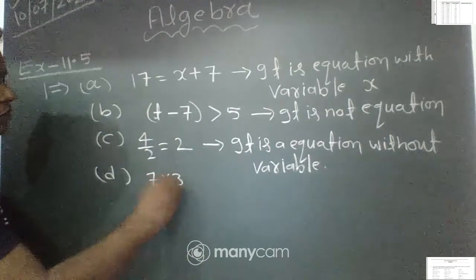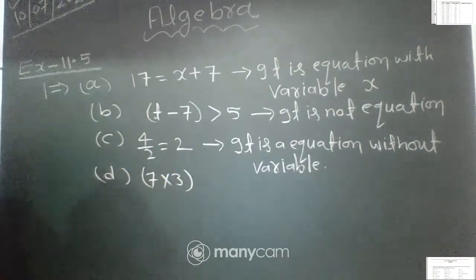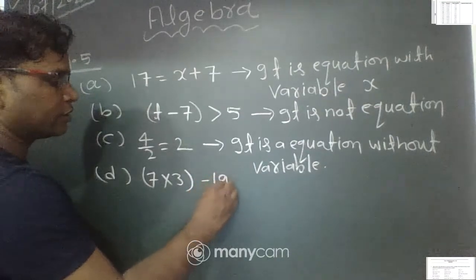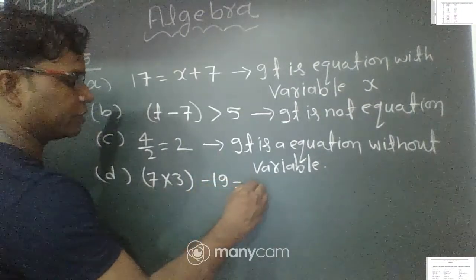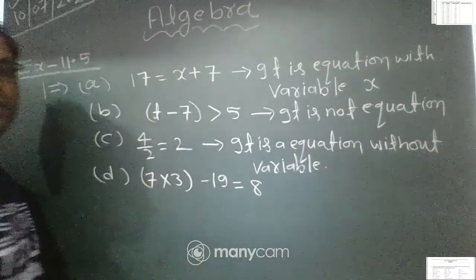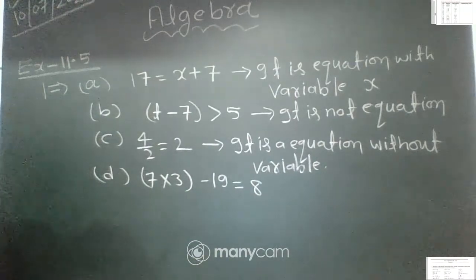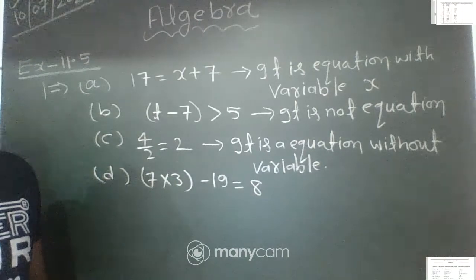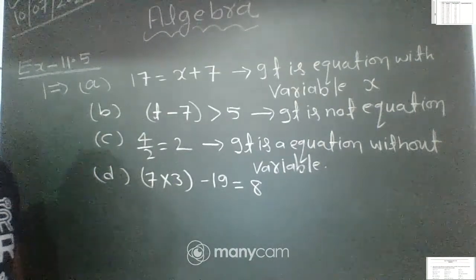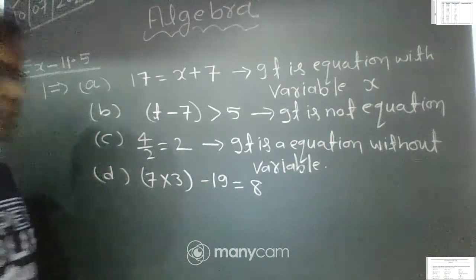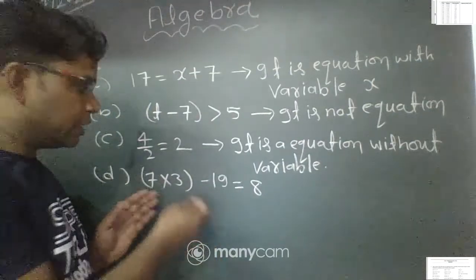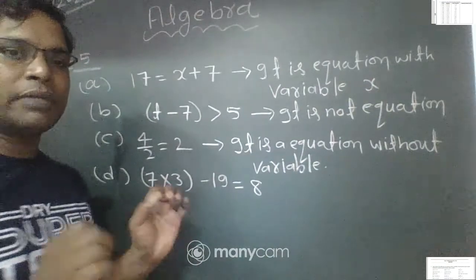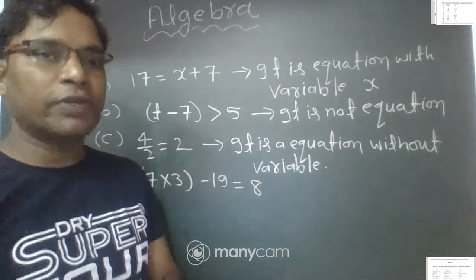And D part. D part is 7 into 3 minus 19 is equal to 8. Okay, so this is also an equation, and you can see here the left hand side is equal to the right hand side. If the left hand side is equal to the right hand side, then you can say it is an equation.